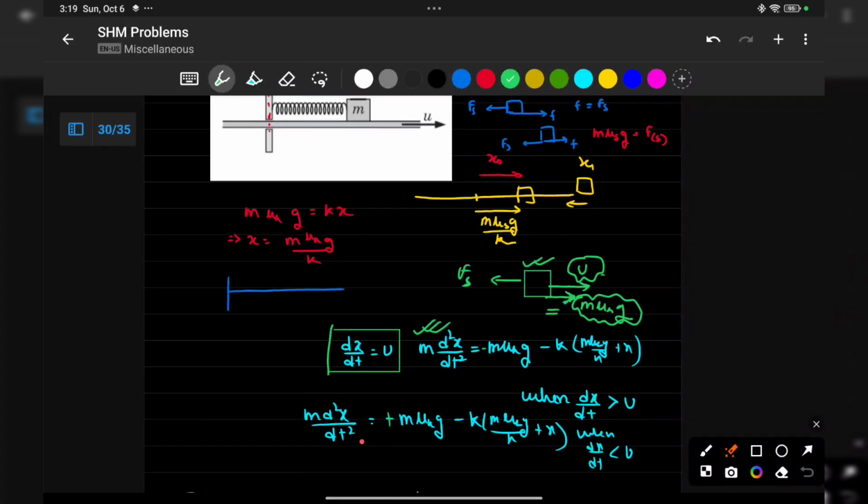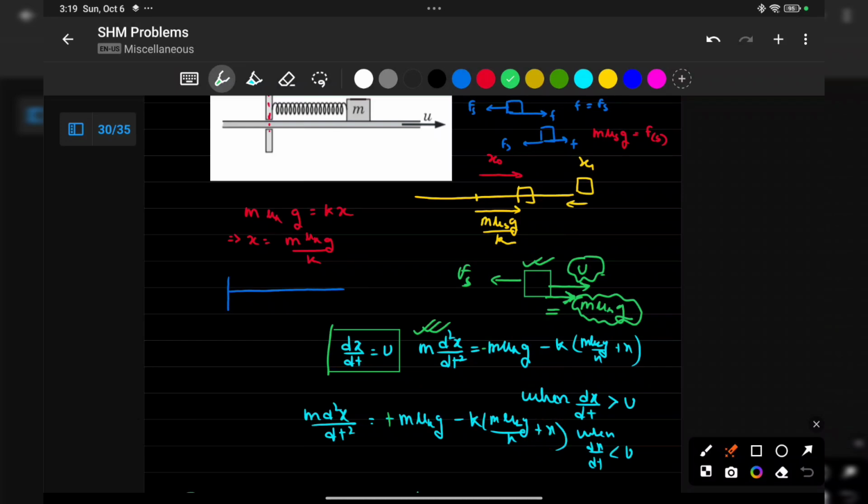You can see the friction is working towards it, so it is increasing it. So plus m mu k g, that's the kinetic friction coefficient, mu k g, minus k into, now you may ask why I have chosen this, m mu k g by k plus x.